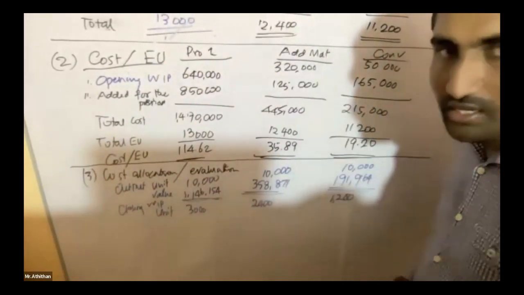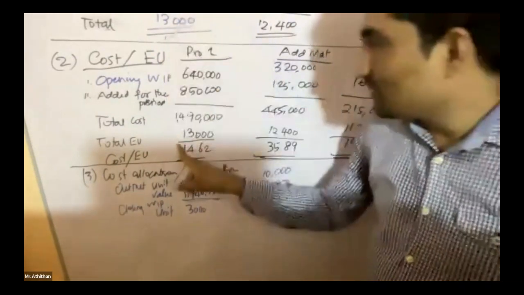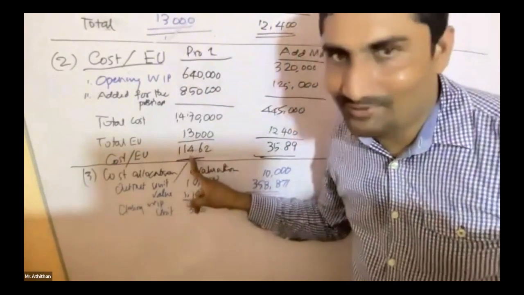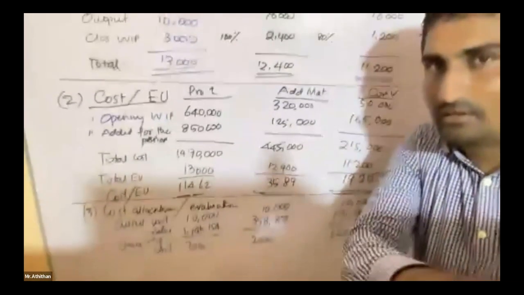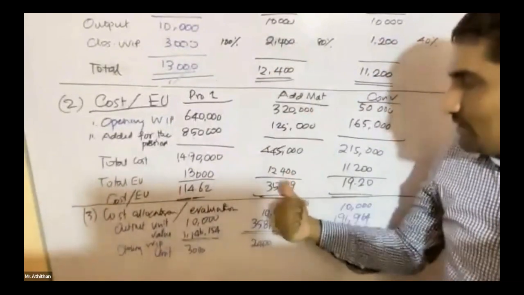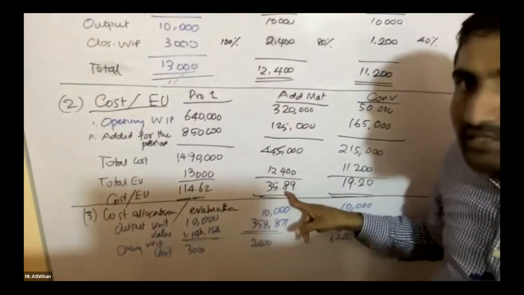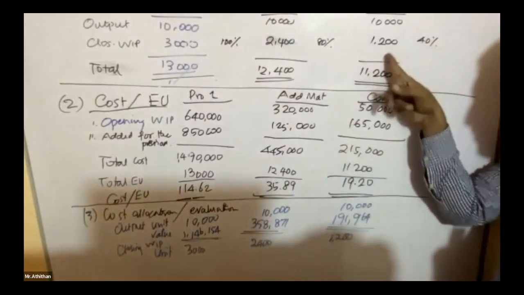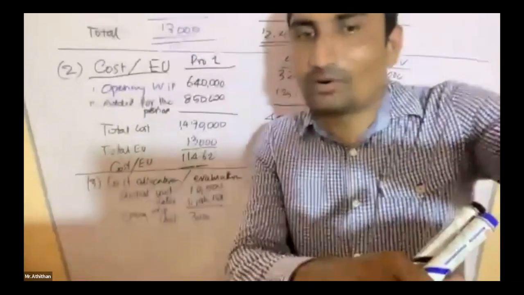Right? Okay. Now we need to take the value: 3,000 multiplied by 114.62, 2,400 multiplied by 35.89, 1,200 multiplied by 19.20. So we will record the value.